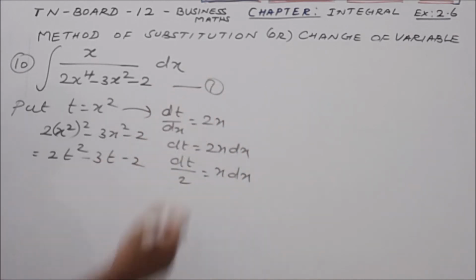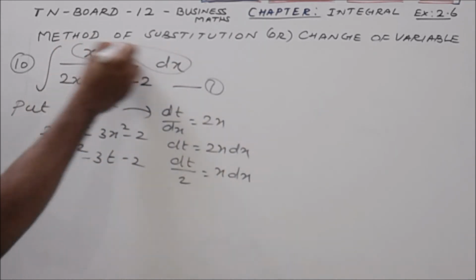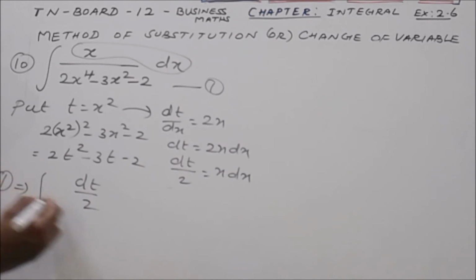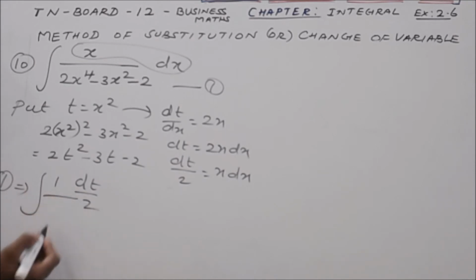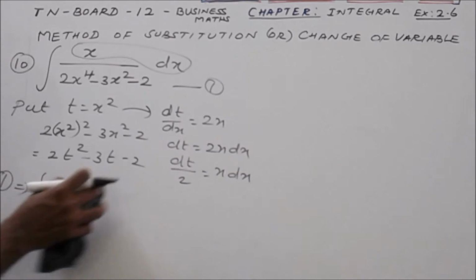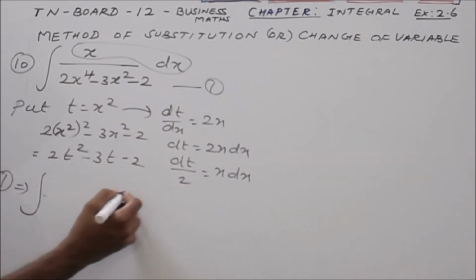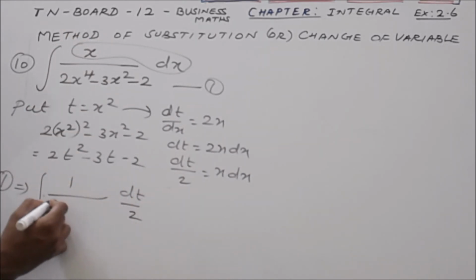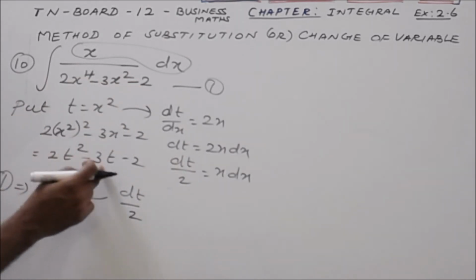So substitute in equation 1, we have the integral where x dx turns into dt by 2, and the remaining is 1 by 2t square minus 3t minus 2, that is 2x power 4 minus 3x square minus 2 in terms of t.